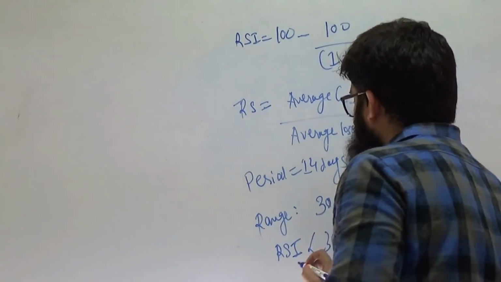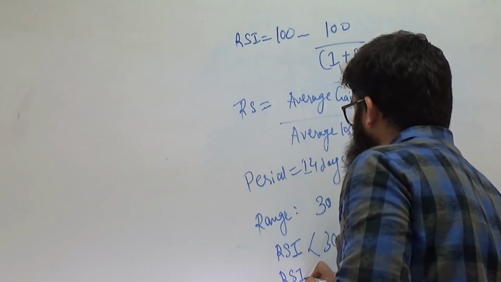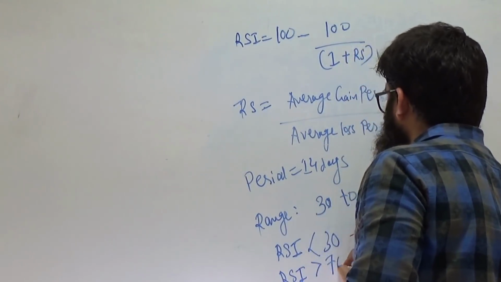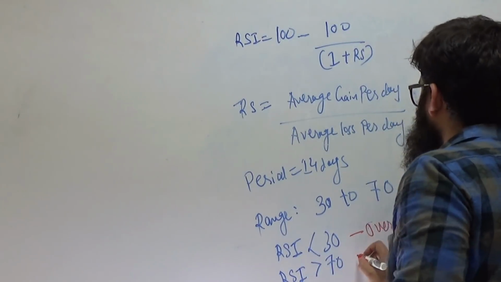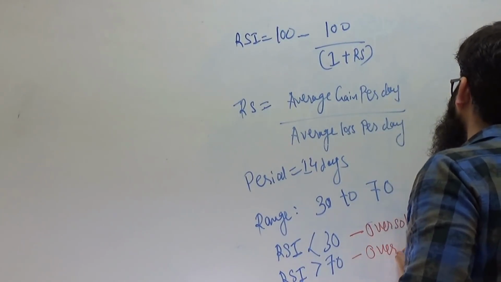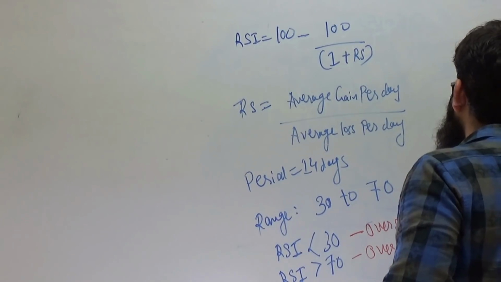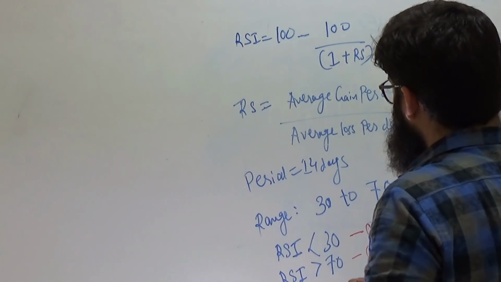And if the stock's RSI is greater than 70, you can say the stock is overbought. So this is how we can understand the RSI level.